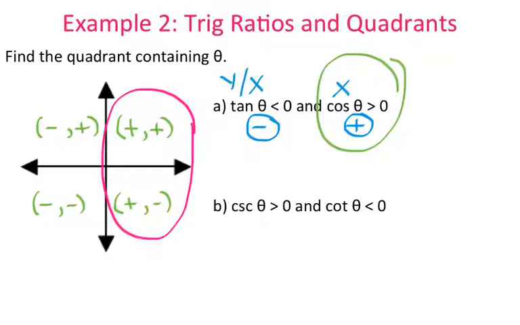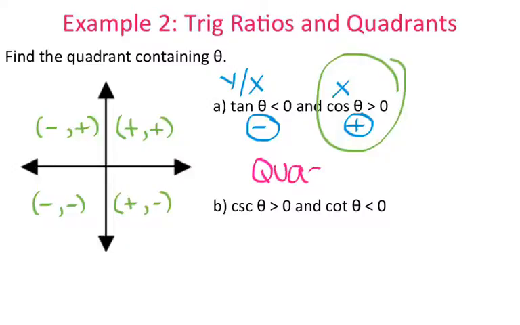Well, if I look at my first quadrant, I'm taking a positive divided by a positive, that equals a positive. So it's not going to be my first quadrant. For my fourth quadrant, when I take a negative divided by a positive, the result is negative. So that means this right here is going to be quadrant 4.